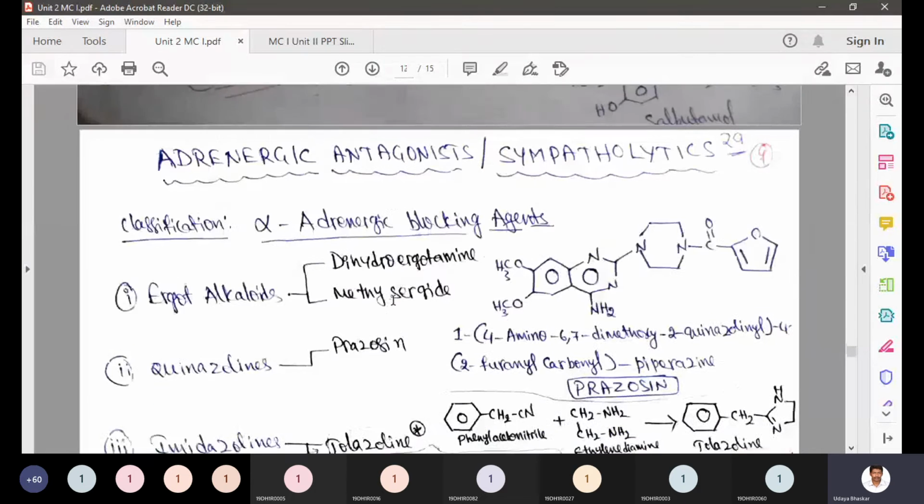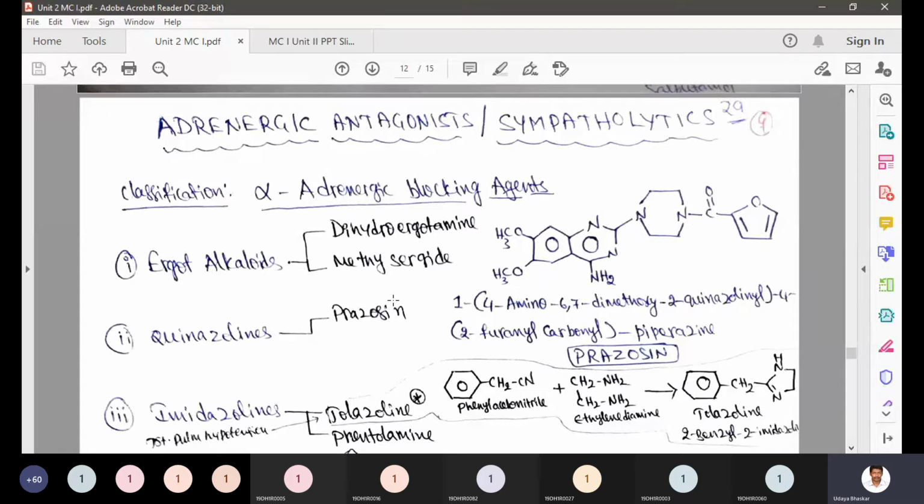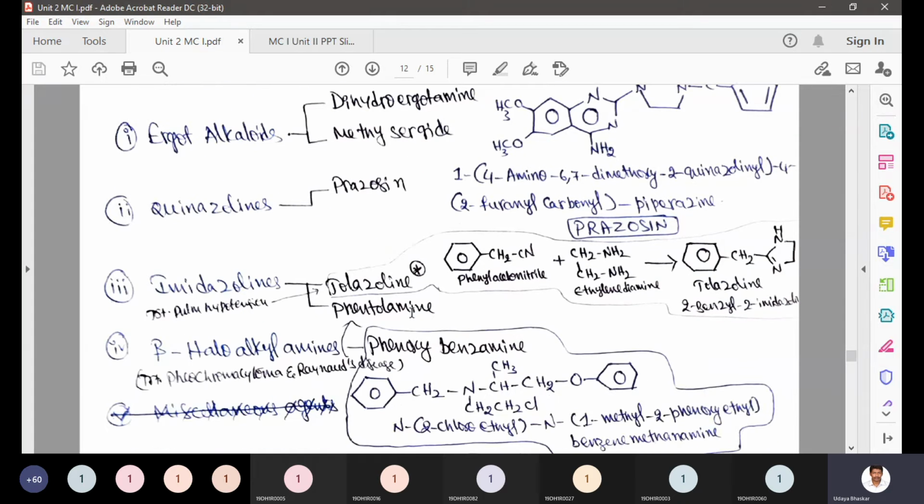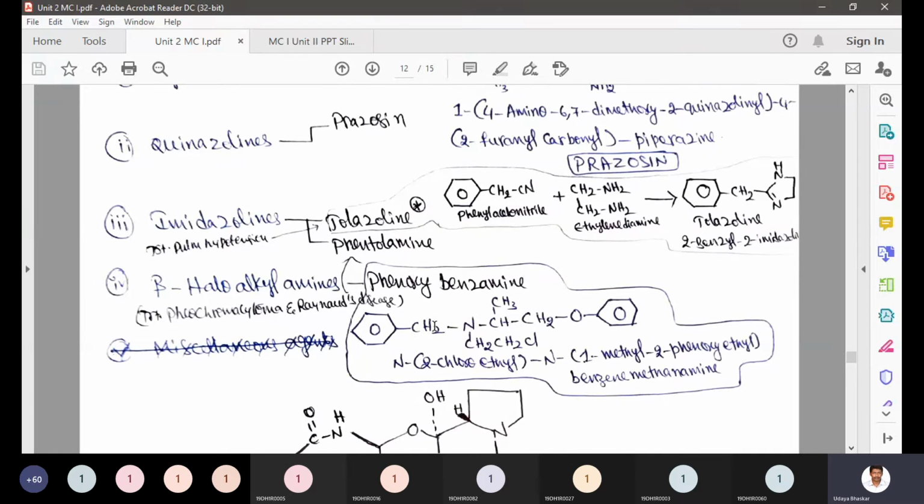Then salbutamol synthesis we already saw, and then we moved on to adrenergic antagonists. So sympatholytics. Ergot alkaloids, we have dihydroergotamine and methysergide. Quinazoline's example is prazosin. Imidazolines, tolazoline and phentolamine. Beta haloalkylamines, we have the example phenoxybenzamine.